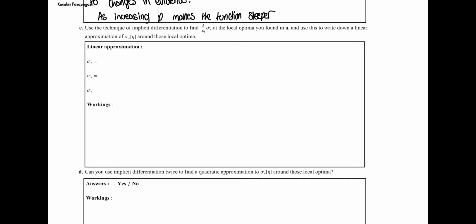Okay, so from before we have this function f(eta, sigma) equal to eta minus phi sigma cubed plus 2 phi sigma. From before we have the optimum values when eta was equal to 0. At those values we had sigma equal to 0, root 2 and minus root 2.